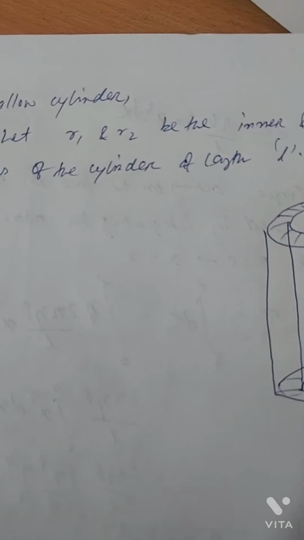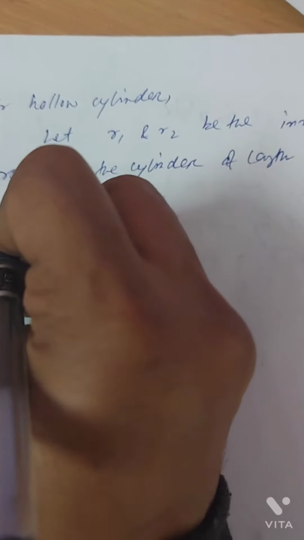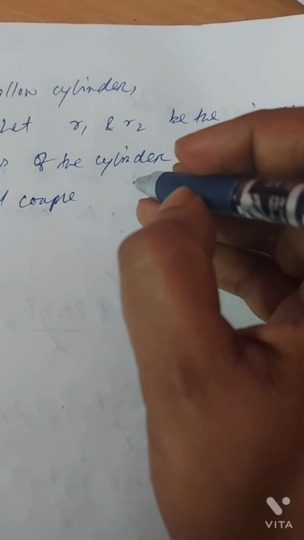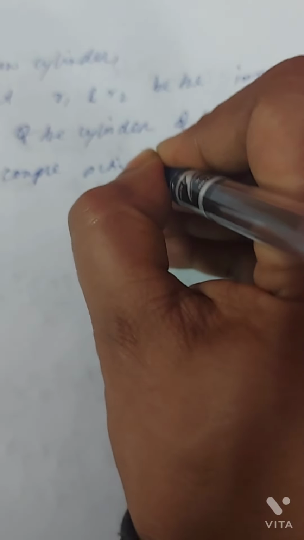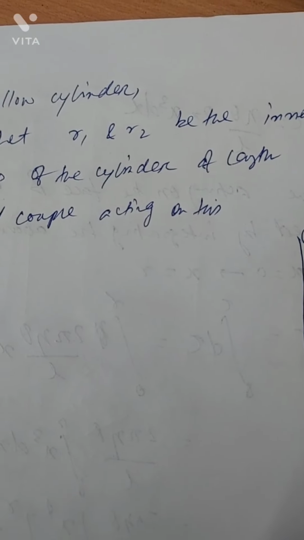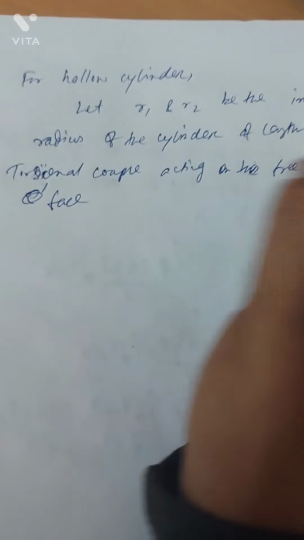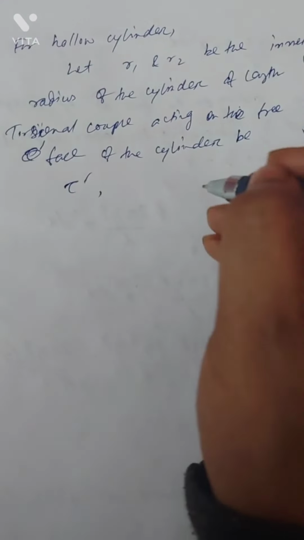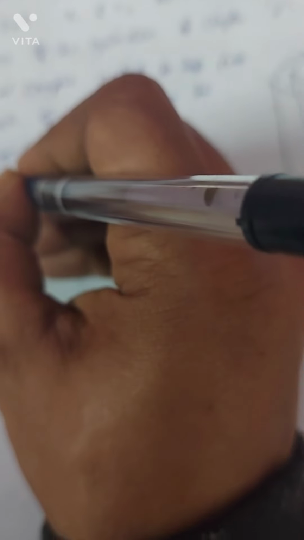If you consider the torsional couple acting on the free face of the cylinder, then we have to consider d tau.